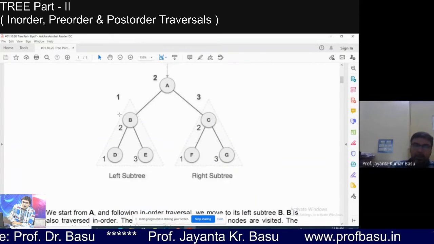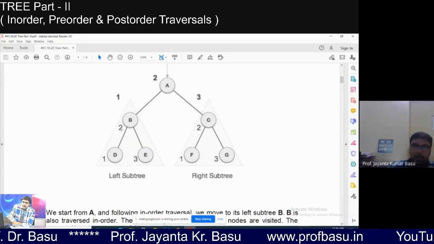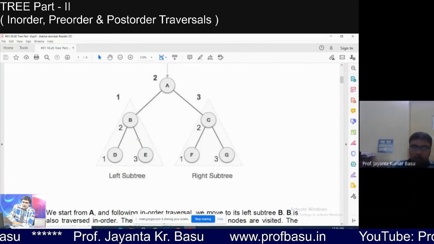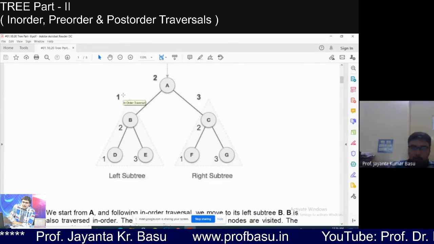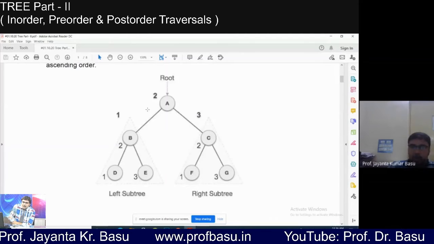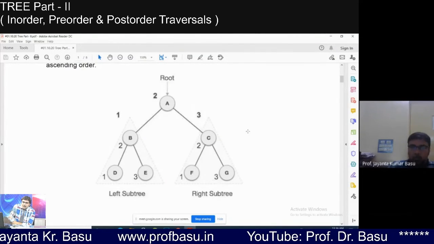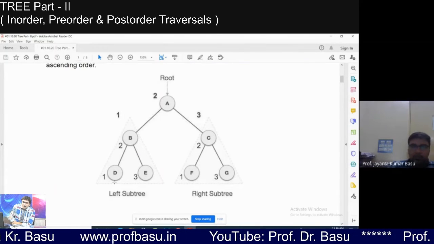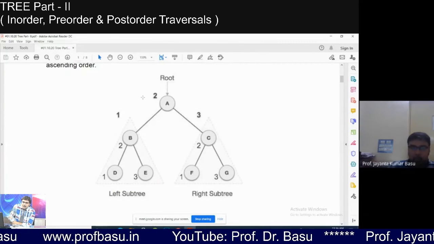You can see in each and every subtree there is a label. I have marked labels according to the sequence 1, 2, 3 for this one, for this one, for this left part. If we consider this tree as three parts, left subtree 1, root 2, and right subtree 3, and again if you consider this subtree as a tree, then this is 1, 2, 3, 1, 2, 3.